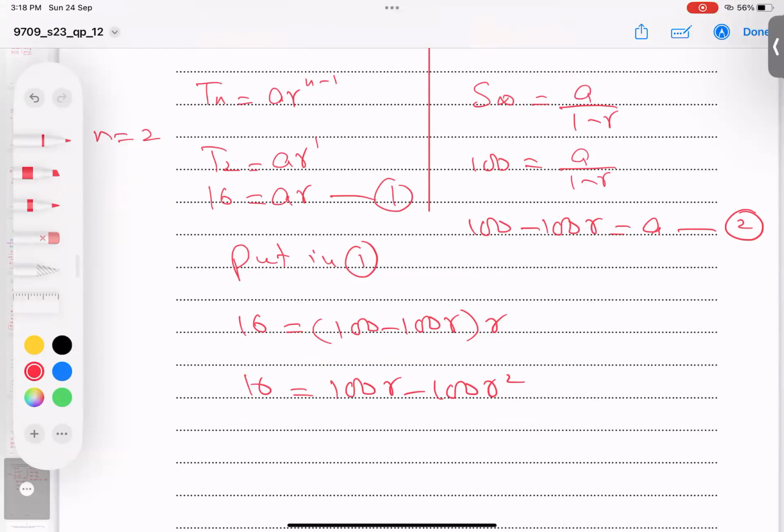Okay, so what am I getting here, students? Rearranging, r squared minus 100r and minus 16 equals 0. I think this point is clear.